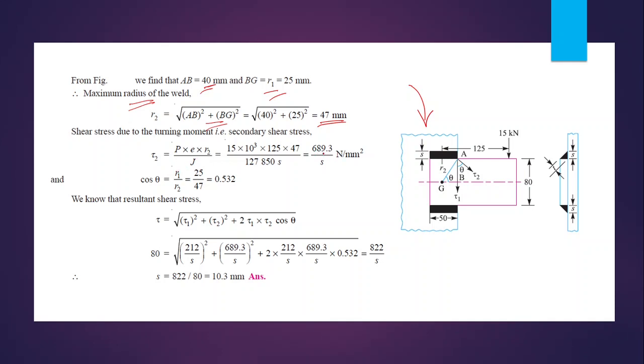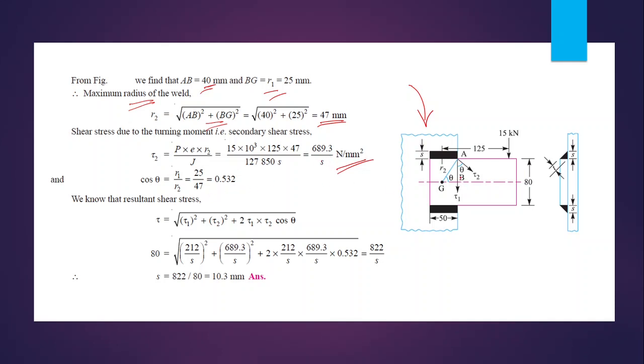That's equal to 689.3 by S Newton per mm square. We have found the secondary shear stress as 689.3 by S Newton per mm square.